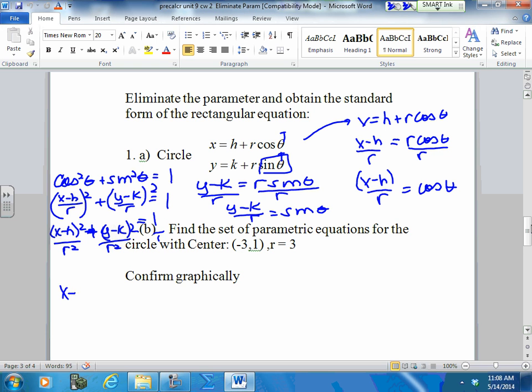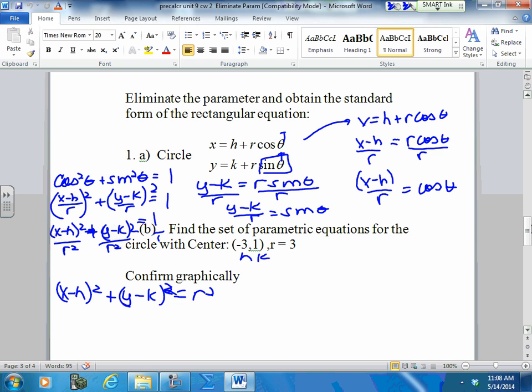So we have x minus h squared plus y minus k squared equals r squared. So we developed a rectangular formula for your circle. So now, we can find the two parametric equations that solve for this. We can go put your center in up here. This is your hk.